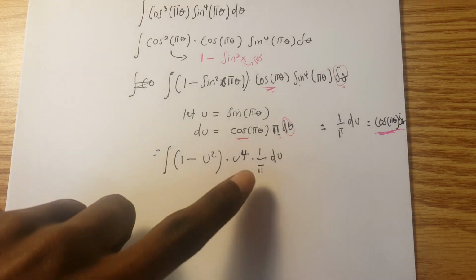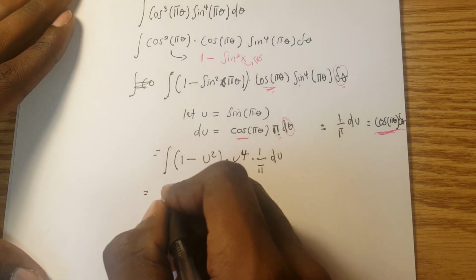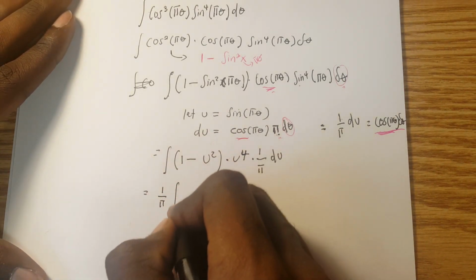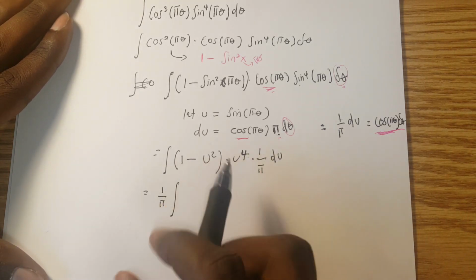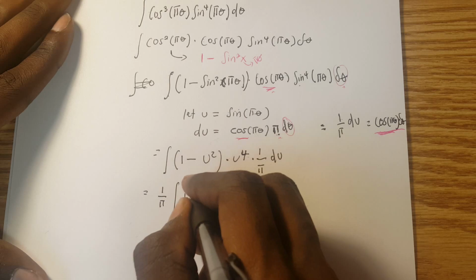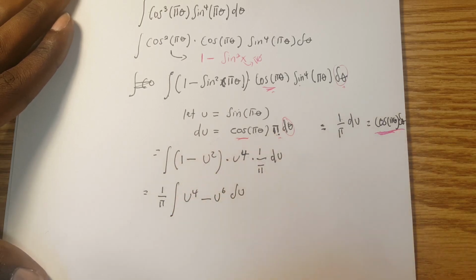Now, we know pi is just a number, so we can bring it up front. And we're going to have 1 over pi. Then we multiply the u to the 4th through the bracket. We're going to have u to the 4th minus u to the 6th, all du.